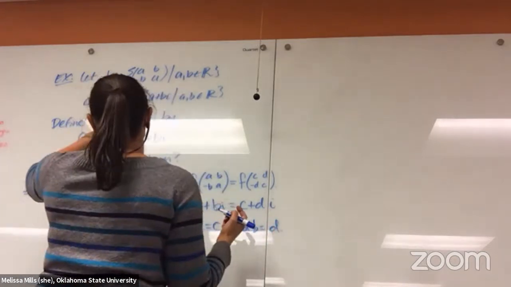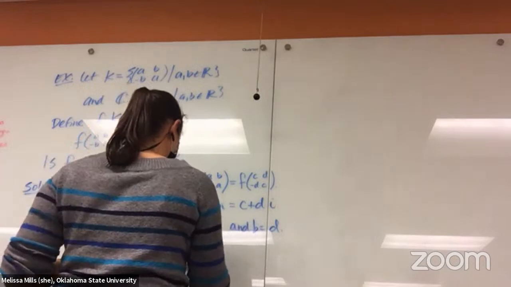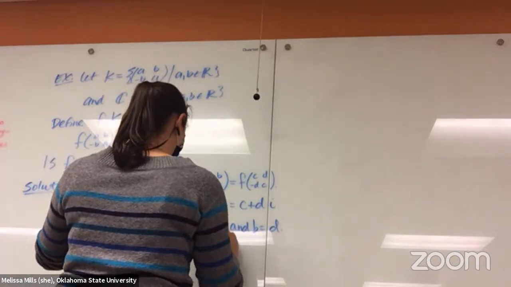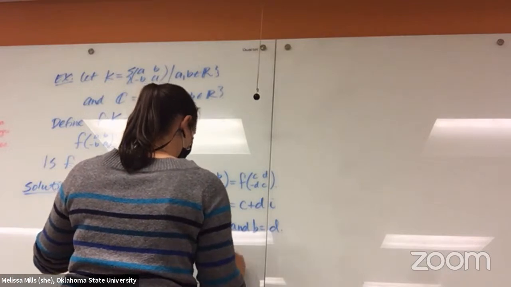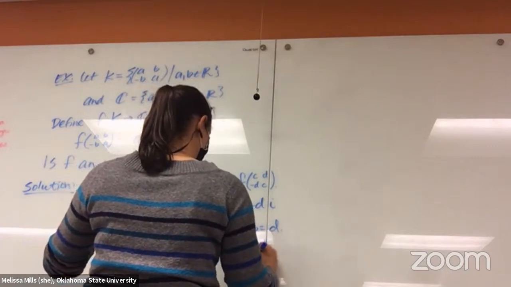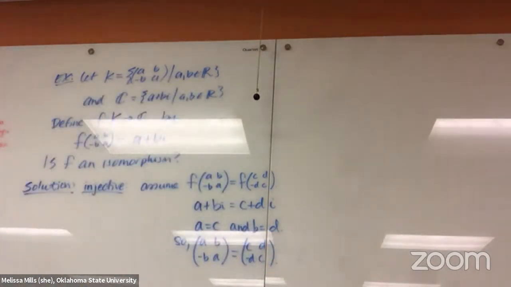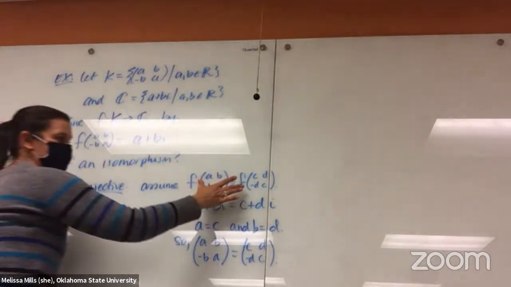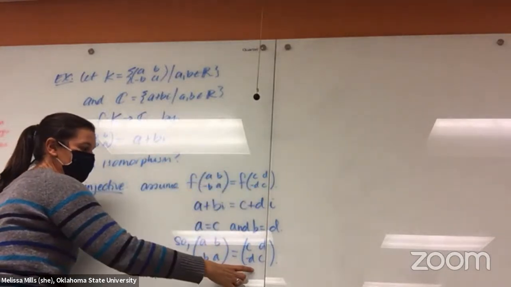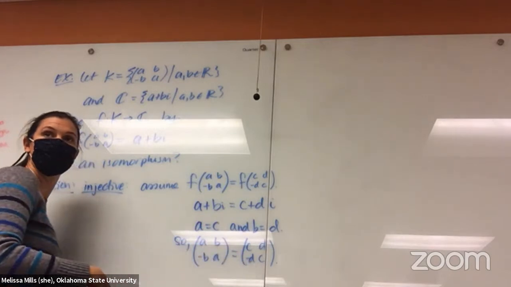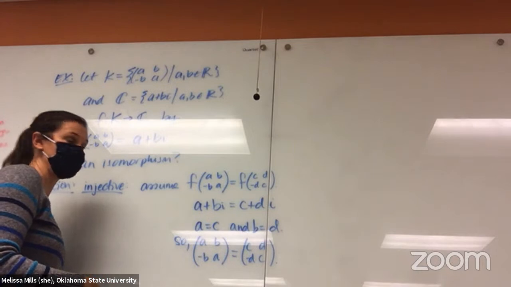That tells me that the matrices over here in K, [a, b; -b, a] is equal to [c, d; -d, c]. So I started with the images being equal, and I concluded that the things we were mapping were equal. Okay, so that's injective.